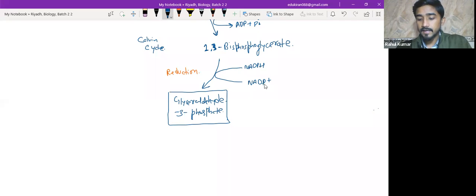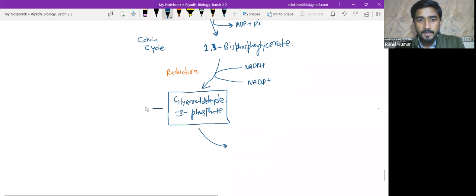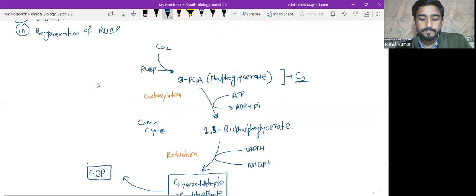Now this glyceraldehyde 3-phosphate can go out of this cycle, or it can continue the cycle. This G3P can continue in the cycle, and this phase where it continues is called regeneration.